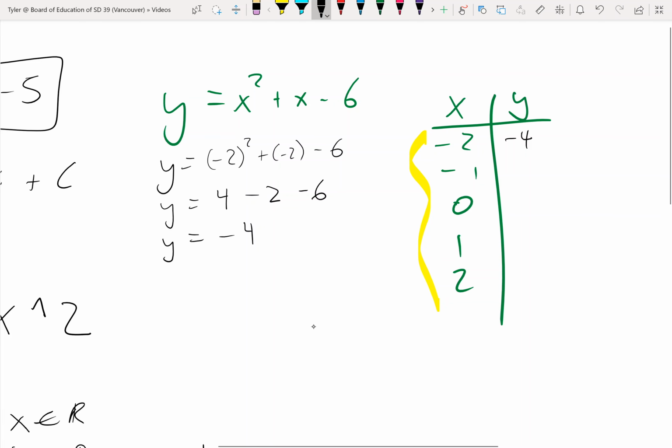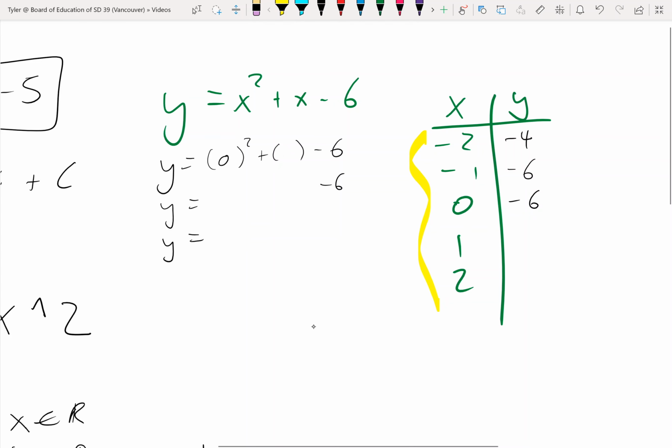Now I'm going to do it again, but instead of putting -2s, I'm going to put -1s into the equation. -1 squared, -1. So it's 1 minus 1 minus 6 gives me -6. Cool. Now we're going to do it again. We're going to sub in 0. It stays the same. 0, 0, 0 is obviously -6, right?